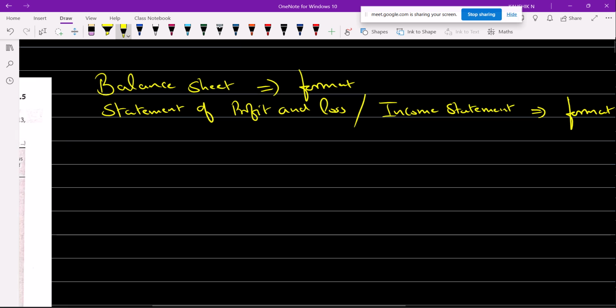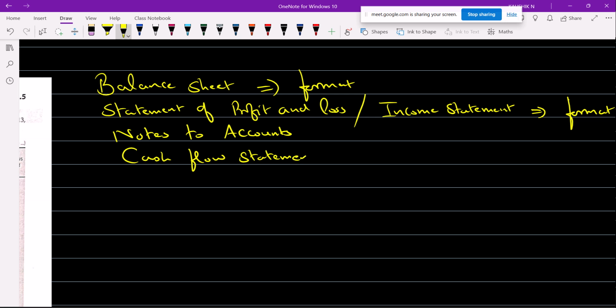And then we'll be learning something called notes to accounts, and also we'll come to know something called cash flow statements. So these are the things which we are going to learn in this chapter.